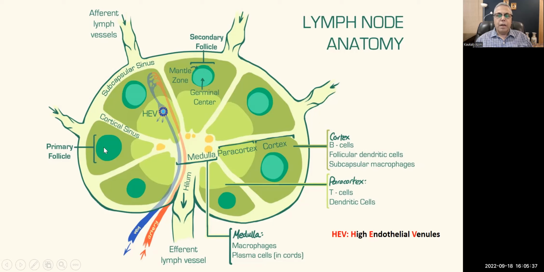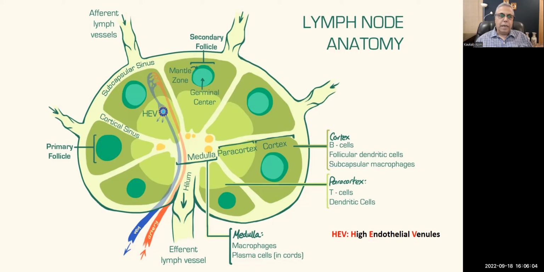Okay. And actually, follicular dendritic cells are a bit different. We have got antigen presenting dendritic cells, which present antigens. Okay. Right. And then we have got primary follicle. When the B cells start dividing, they become germinal centers, and that's where most of the lymphomas start growing. Okay.